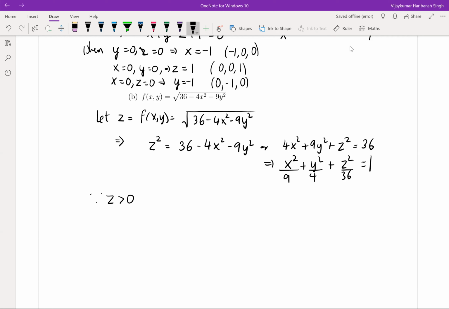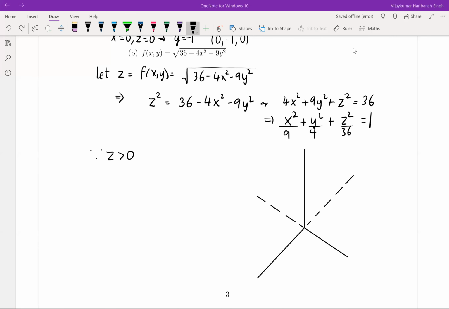So how will the graph look? Let's attempt to draw it. How would we draw it? Take y and z as 0. Then you will get that x is plus or minus 3. This is my x-axis, this is the y-axis, and this is the z-axis.